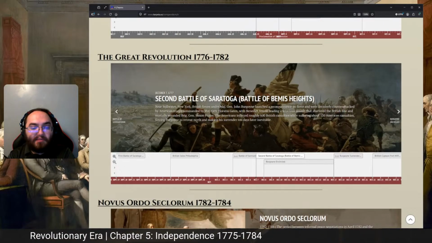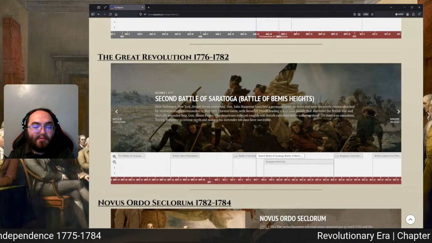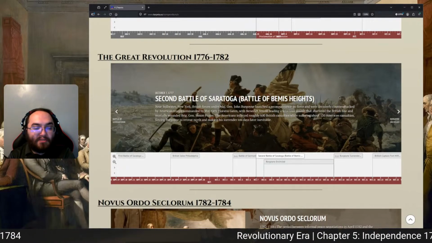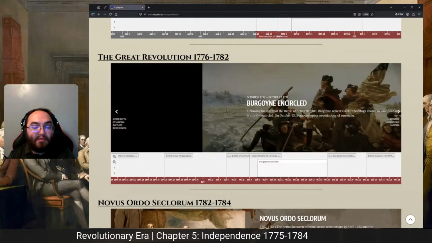The Americans inflicted roughly 600 British casualties, while only suffering about 150. This forced Burgoyne to retreat north, making his surrender 10 days later inevitable.